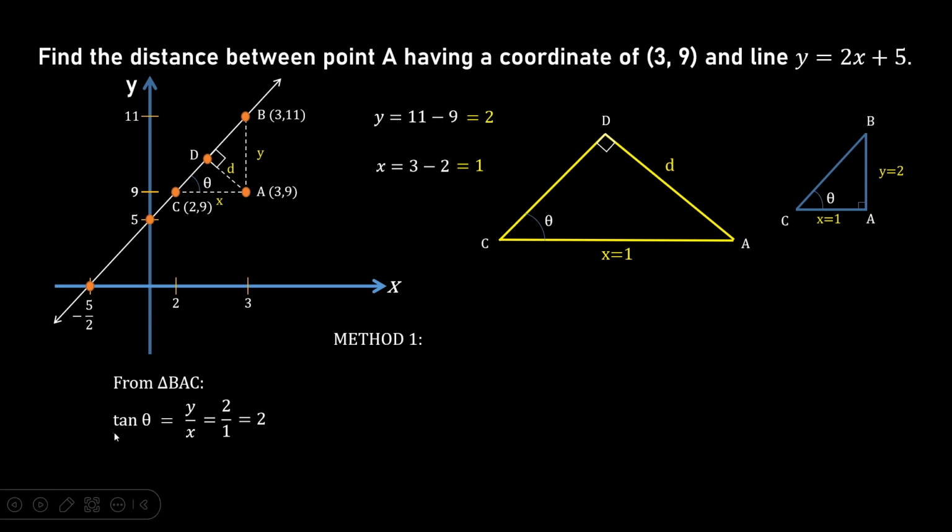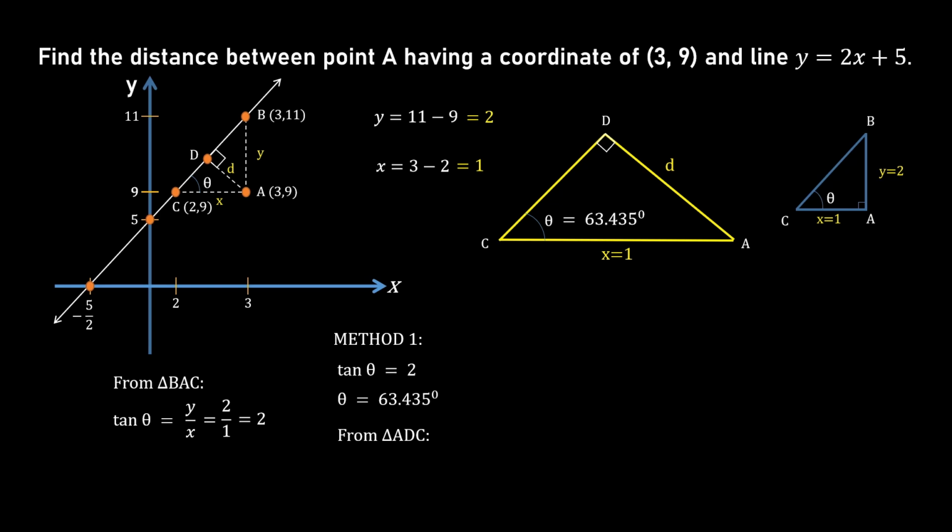So from this equation that we formed earlier, tan theta is equal to 2, we can now get the value of theta, which is equal to 63.435 degrees. Using this angle in this triangle, we can now compute for the value of D. By inspecting this triangle, the trigonometric function that would relate the side D and side x, which is equal to 1, relative to the theta angle is the sine function.